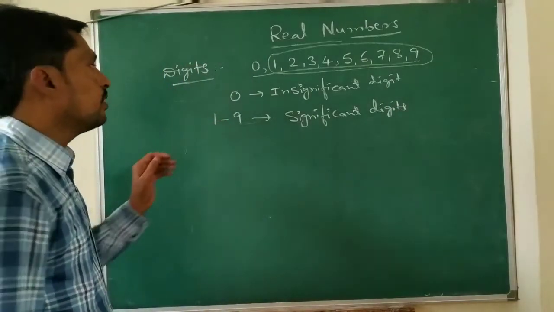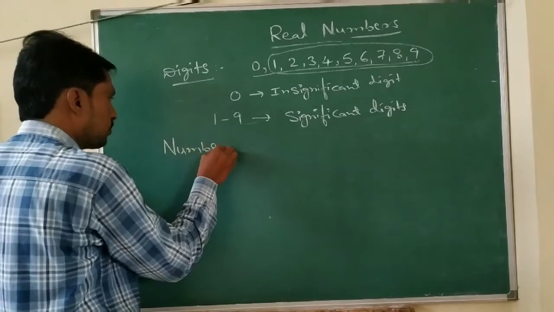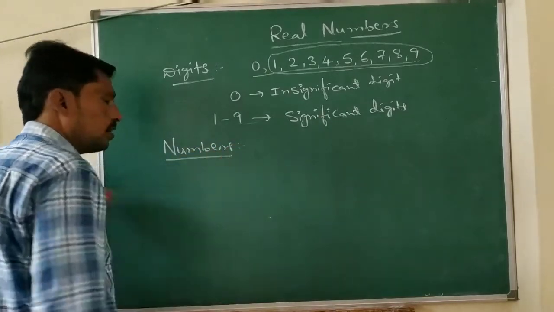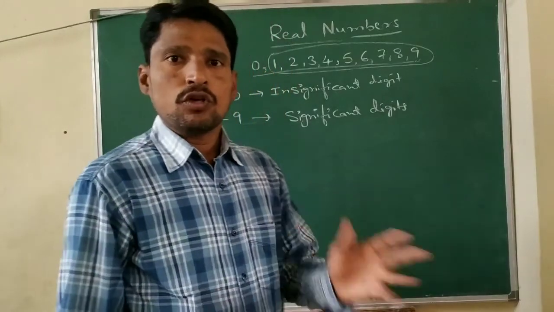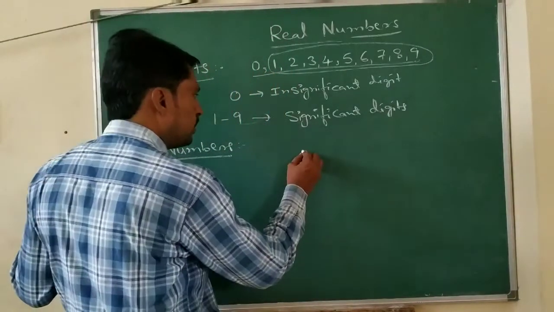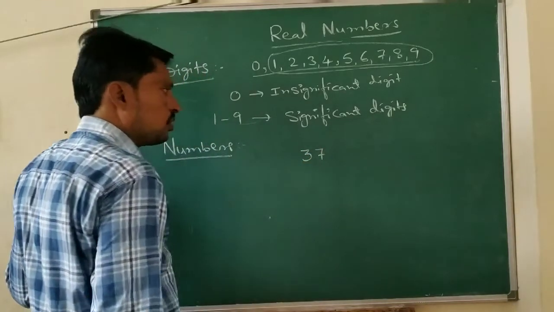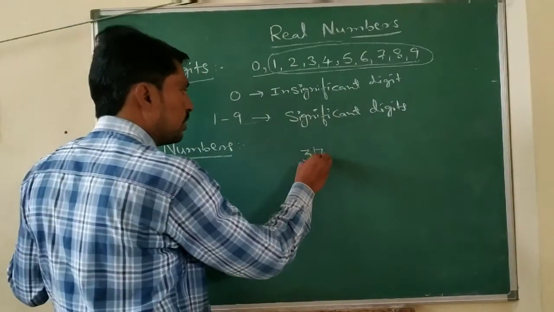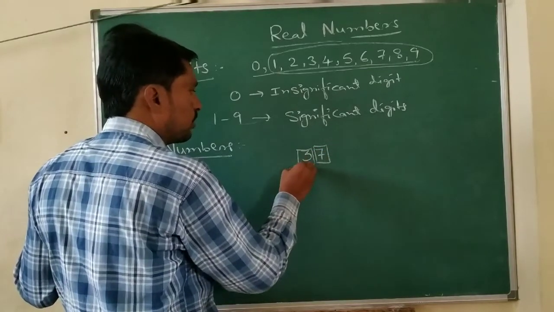Next one is numbers. What are numbers? A combination of digits is called a number. For example, I am taking 37. Here 7 is one digit and 3 is another digit.